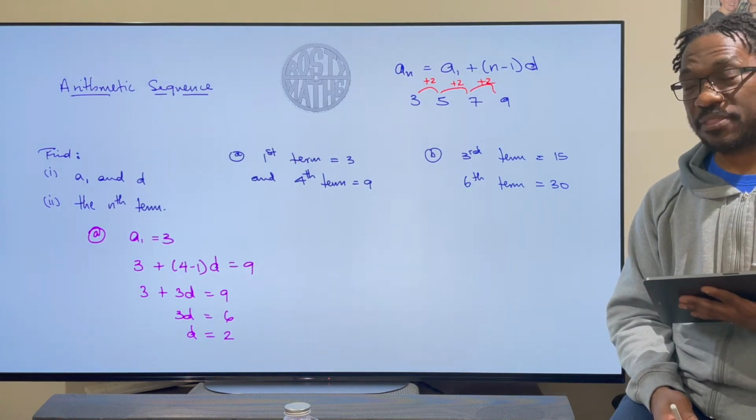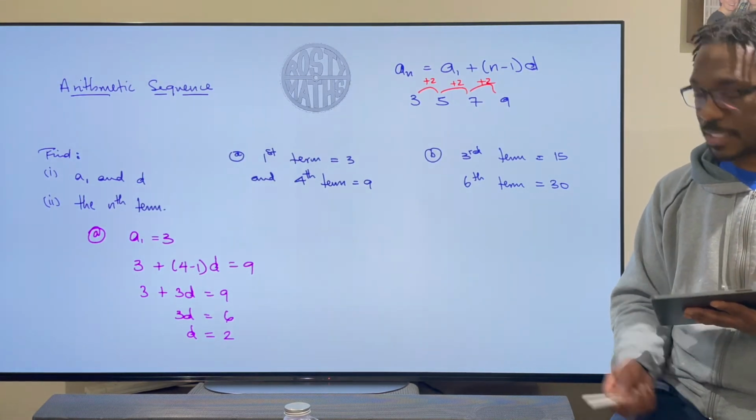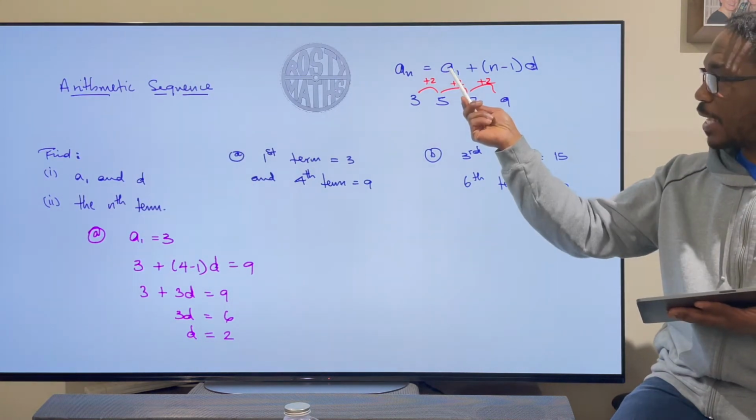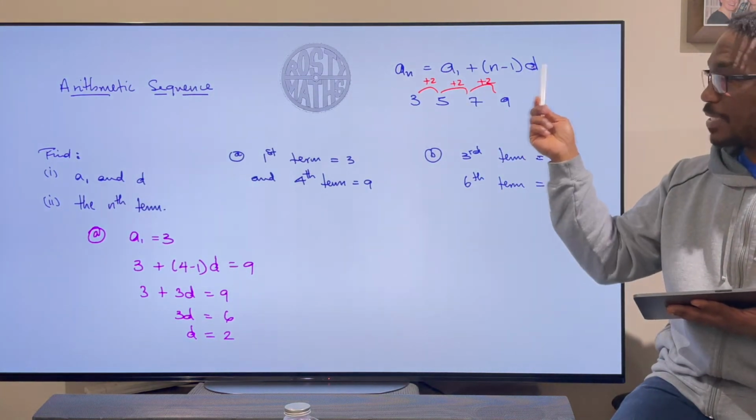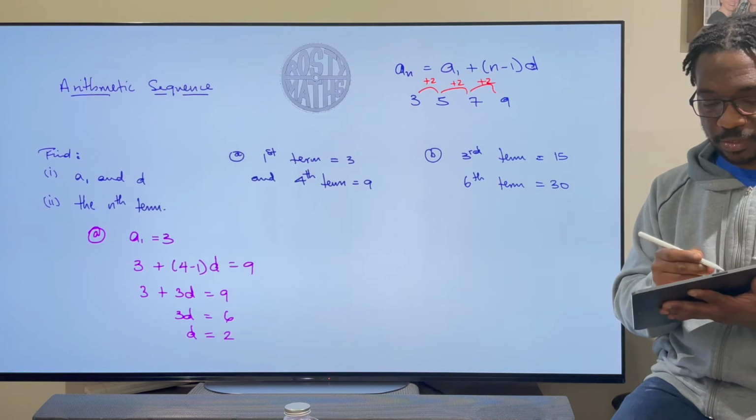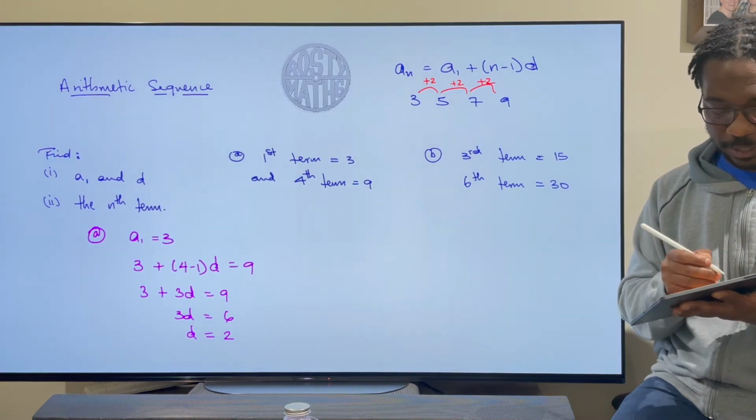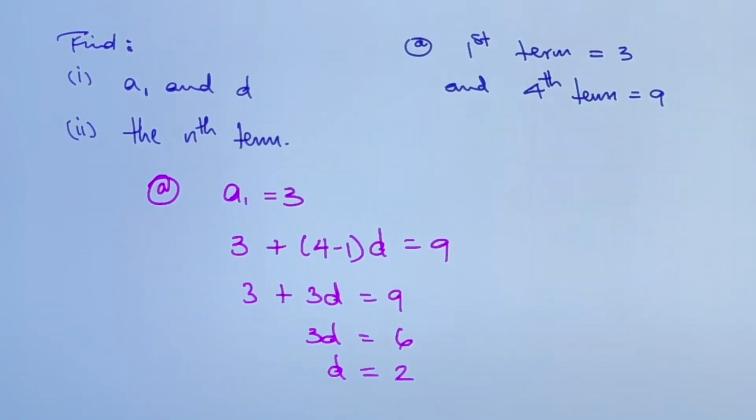What about my nth term? Easy. That's because I now know what a is. I now know what d is. So let's go ahead and find the nth term. So I'm going to say nth term, or an, is equal to the first term, which is 3, plus the n take away 1.